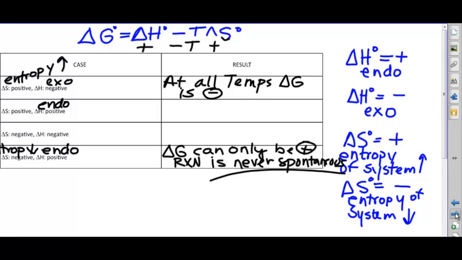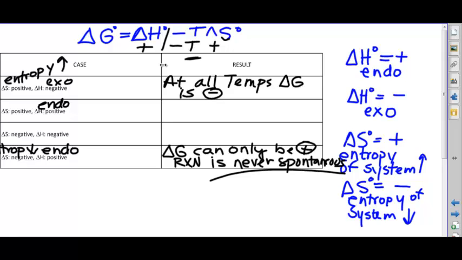Well then, depending on which of these numbers is bigger, think of these like two different factors. The delta H is positive, and then this expression would be negative, because a negative times a positive is a negative. So depending on the value of T, the overall delta G could be negative.